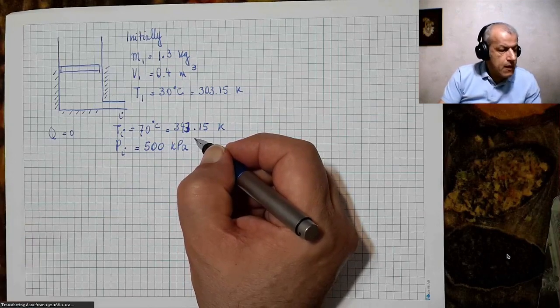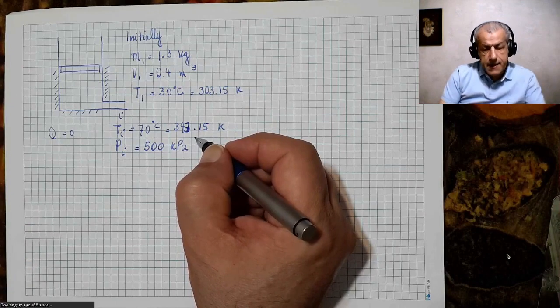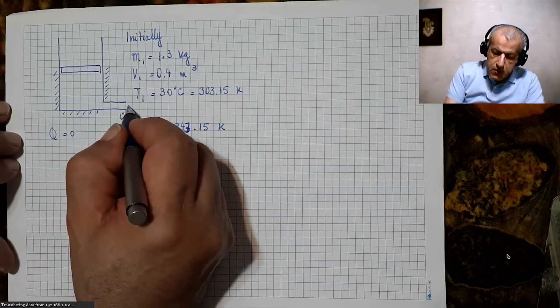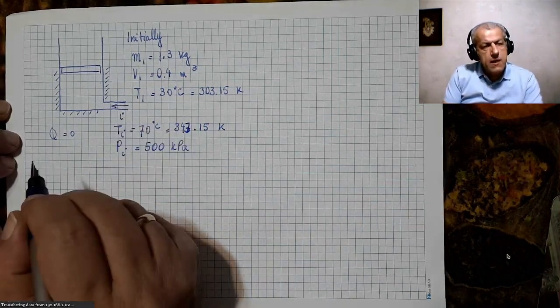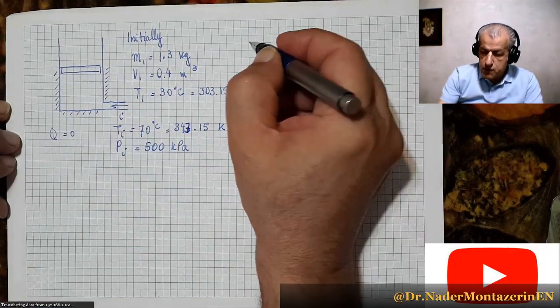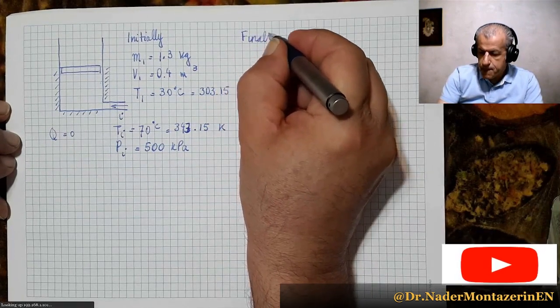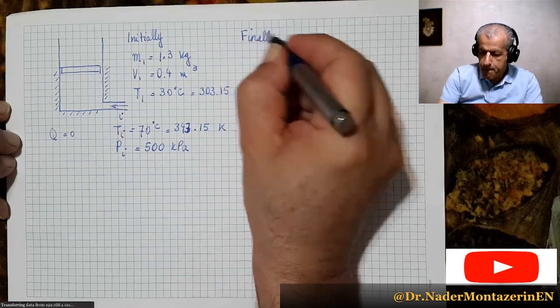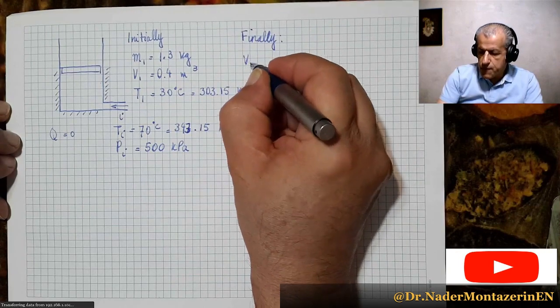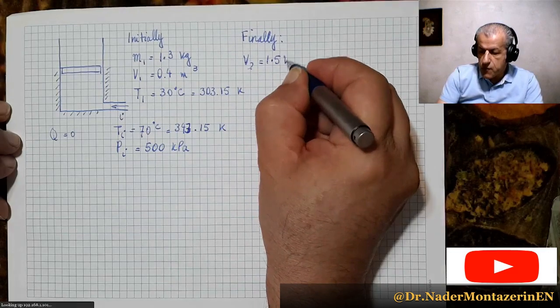So, the problem tells us that the incoming air would continue to enter this cylinder until V2 finally equals 1.5 V1.